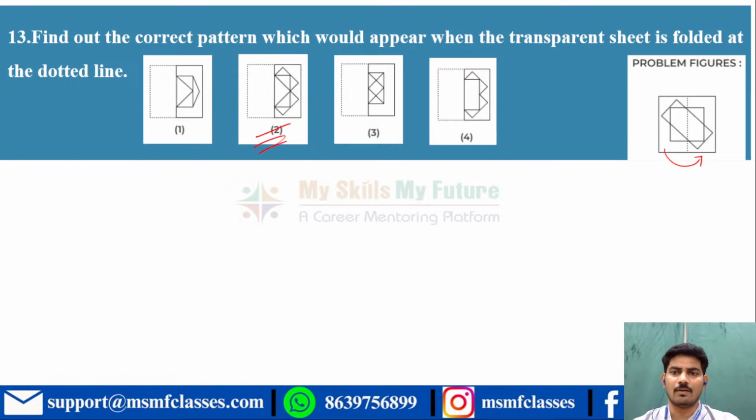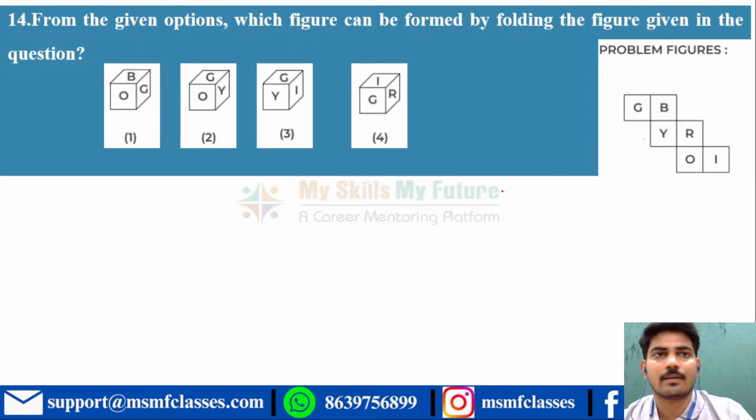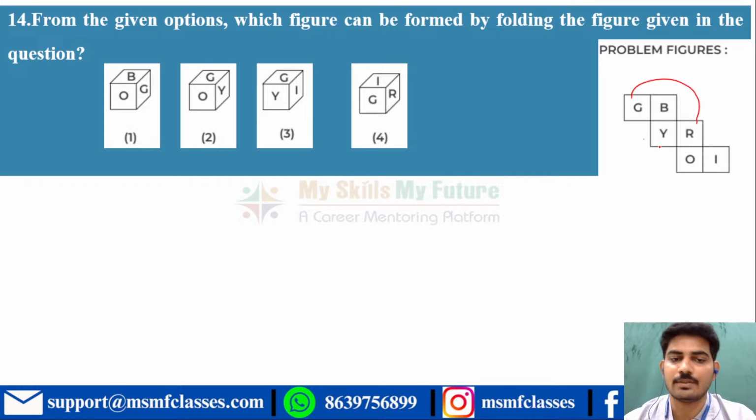But because we are running out of time, and after completion of this session we have the global ability section as well, we are moving a little bit faster to complete the given section here. From the given options, which figure can be formed by folding the given figure? Here, G and R are opposite to each other, Y and I are opposite to each other, B and O are opposite to each other.